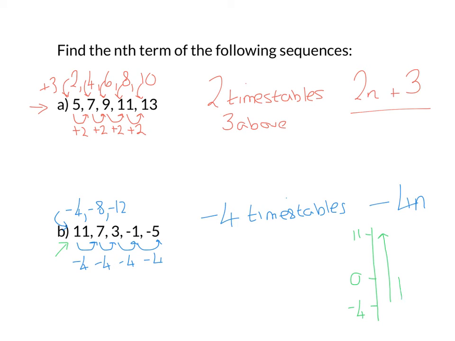Well, you have to think there's 4 below the 0, and there's 11 above the 0. So altogether, 11 add 4 is 15. So we're actually 15 above the negative 4 times tables. So that's actually negative 4n plus 15.